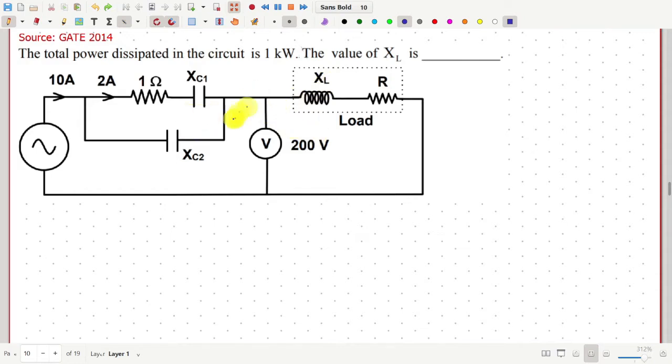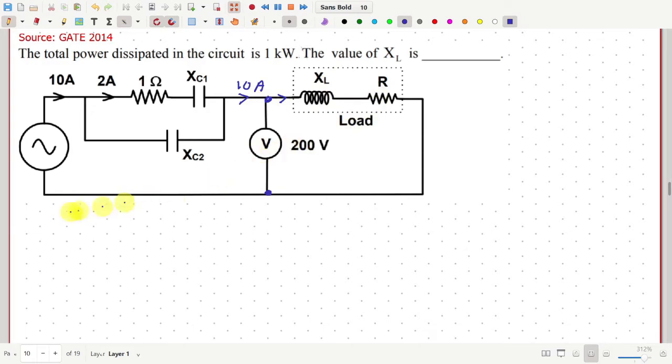How can we solve this? So notice we have 10 ampere current here. So this current is also 10 ampere. Here also 10 ampere. And the voltage across the load is 200 volt.